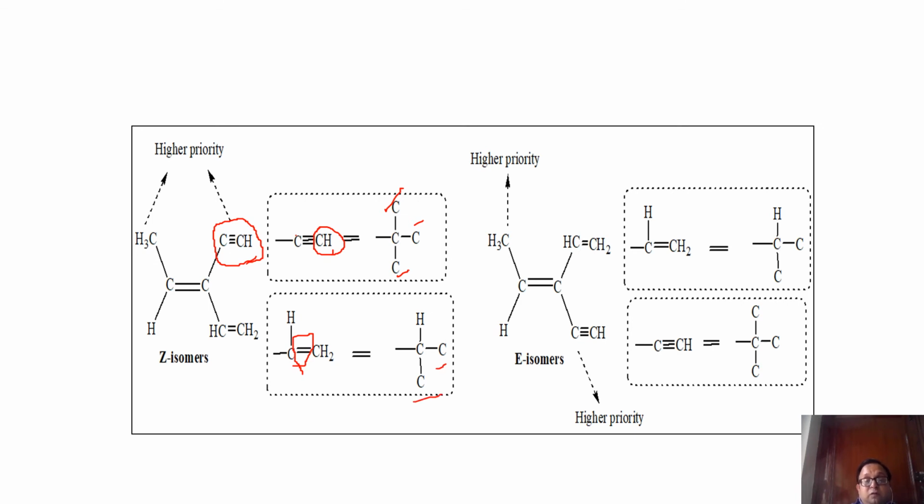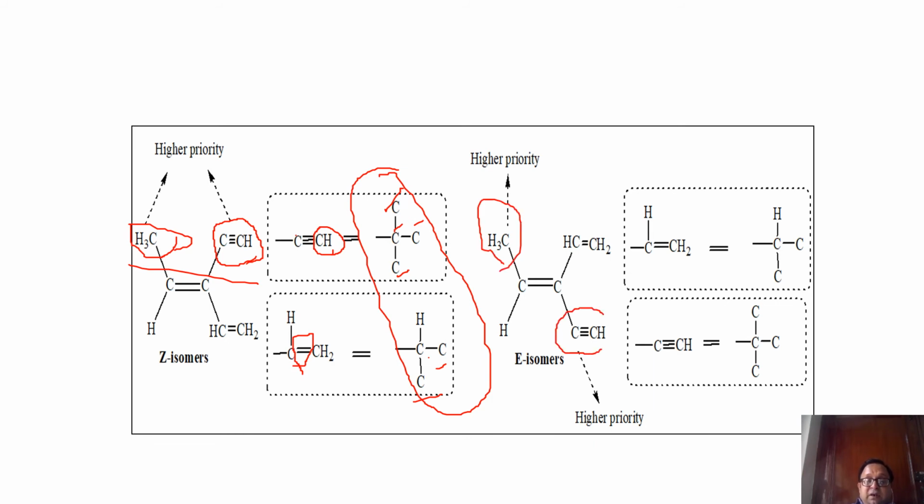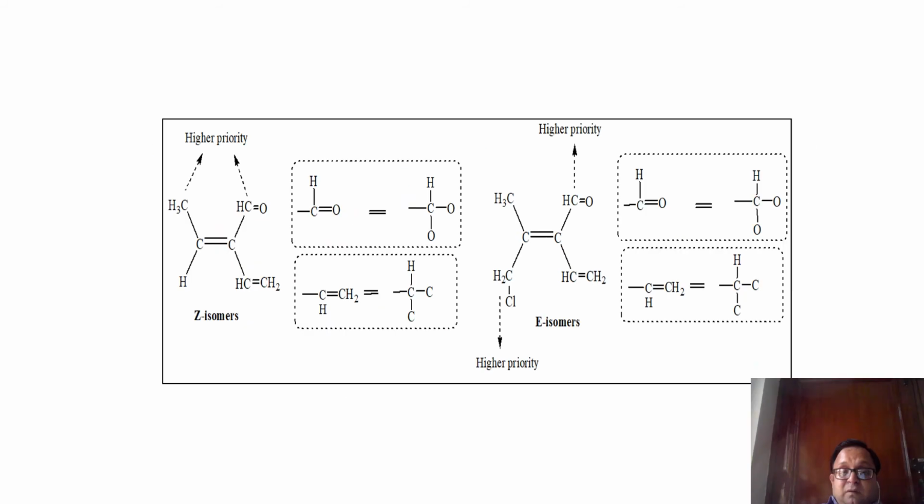So now we can easily identify the point of difference. This carbon is attached with 3 carbons and this carbon is attached with 2 carbons, so it will get the higher priority. Here it is very easy. So both the higher priority groups are on the same side, so it is the Z isomer. Here both the higher priority groups are on the opposite side, so it is called the E isomer.